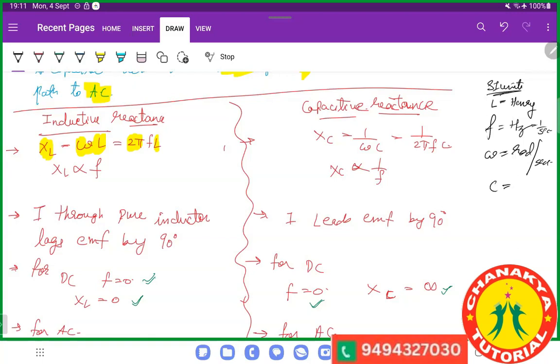And capacitance? What is the SI unit of capacitance? Farad.